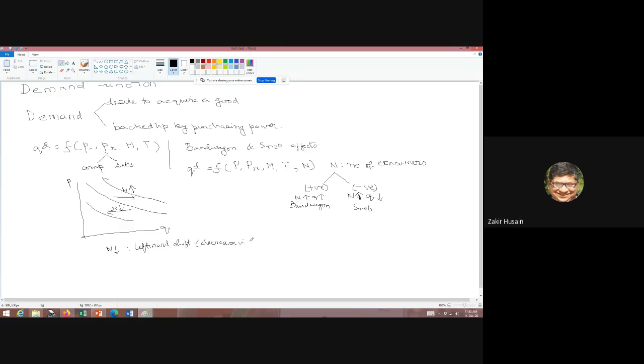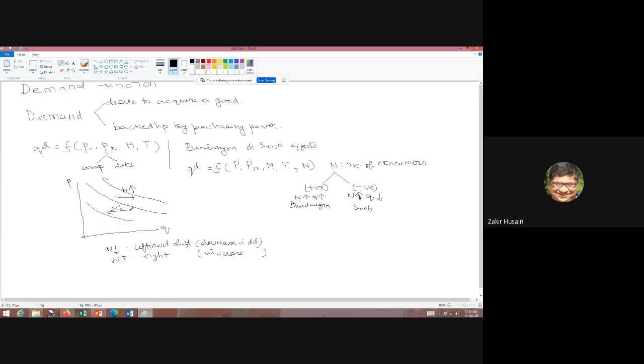So we call this decrease in demand. Rightward shift, and this is increase in demand.